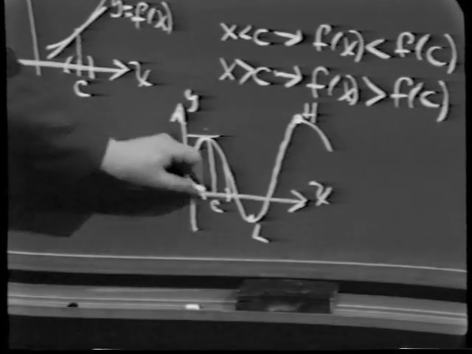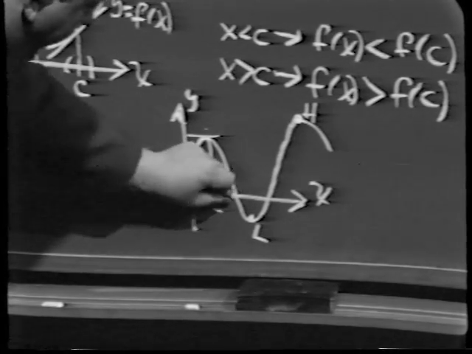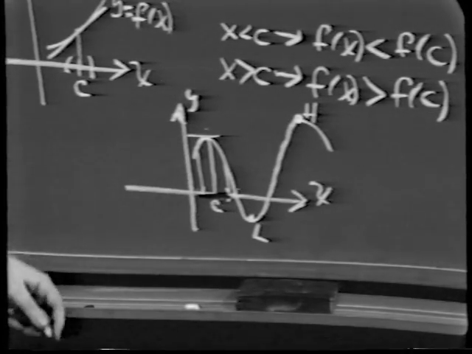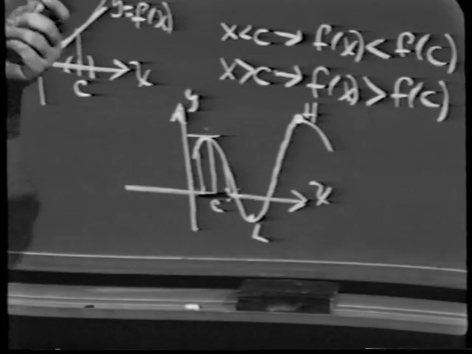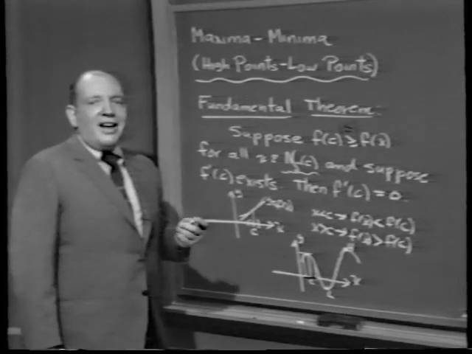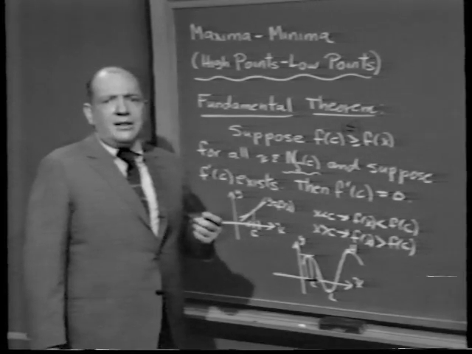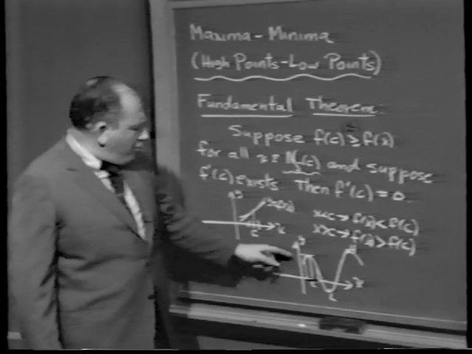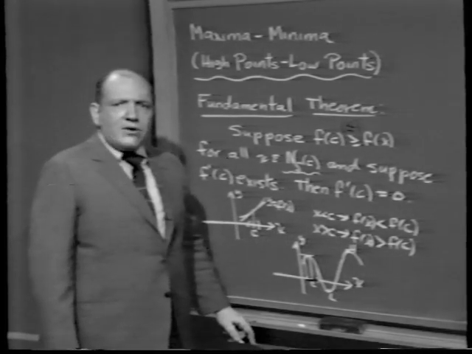In other words, if you knew that for some reason you had to be working in this neighborhood here, you could say, well, in the domain I'm interested in, this is a high point. And this is why we talk about local or relative maxima or minima, in addition to absolute maxima and minima. In fact, this happens quite frequently in practice. Suppose you were doing an experiment and you really wanted to produce the largest possible value of y.